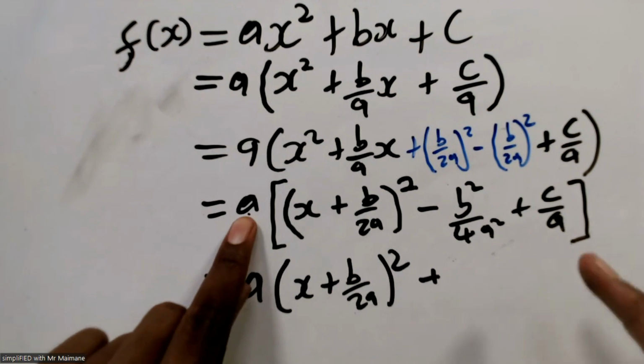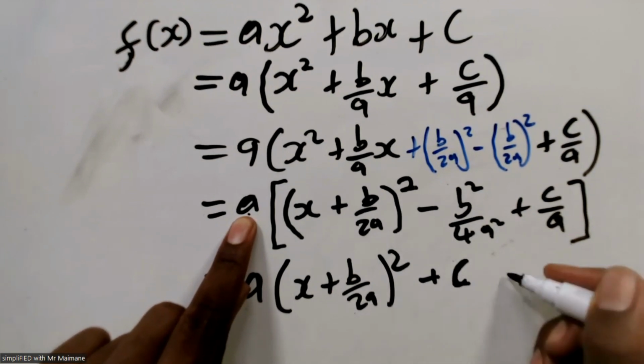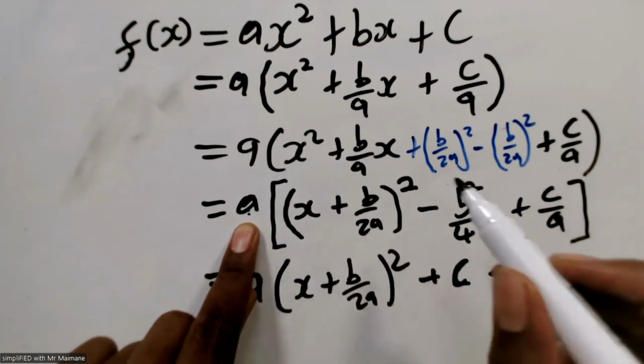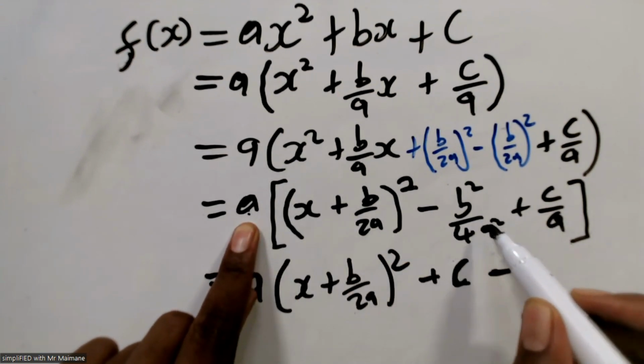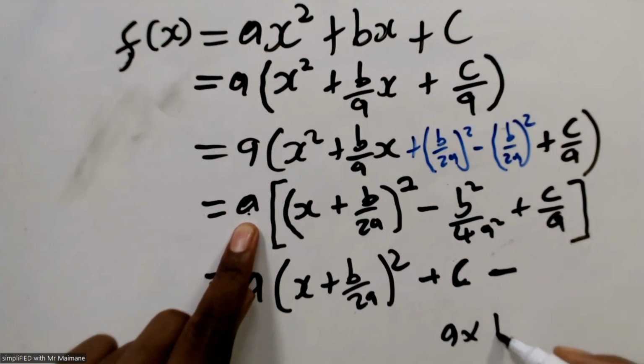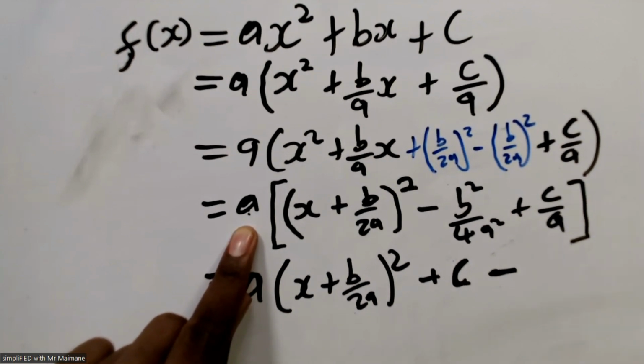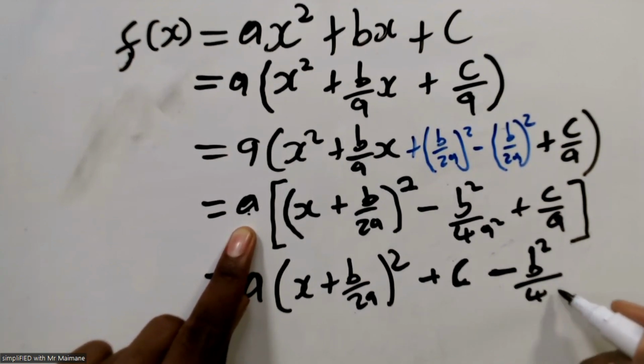Then minus a times b squared over 4a squared. A goes once here, a goes twice here. So we're going to have b squared over 4a if we multiply a by b squared over 4a squared. So this part here will be b squared over 4a.